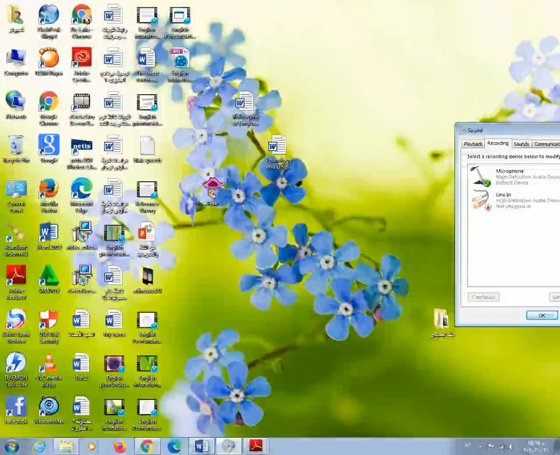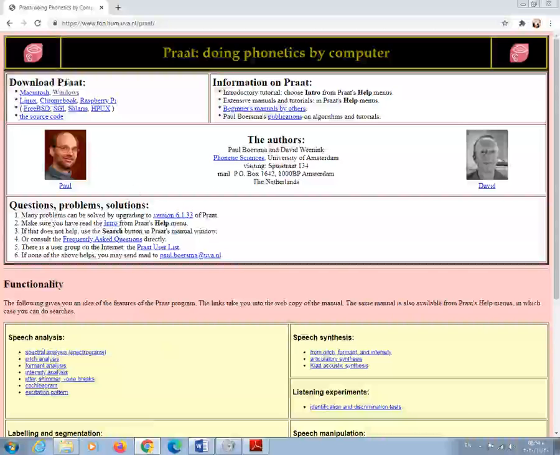Praat is a speech synthesis and speech analysis program developed by Paul Boersma and David Weenink. Those are the two guys who developed this wonderful program, which will help us do phonetics by computer in a very simple, straightforward and convenient way.